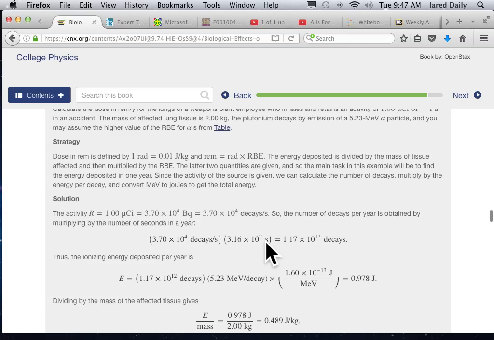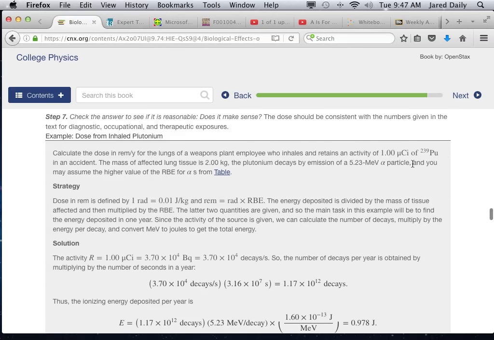So, first of all, we are going to calculate our activity. Our activity appears in microcuries, but remember that for every millicurie there's going to be 3.7 times 10 to the 7th becquerels of activity.